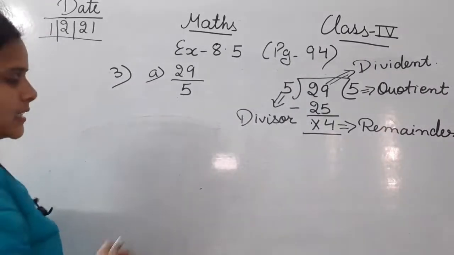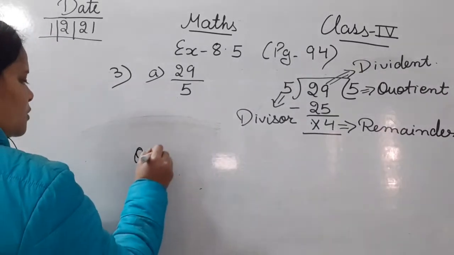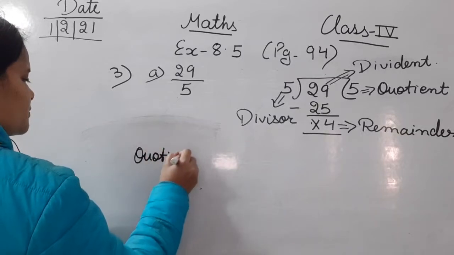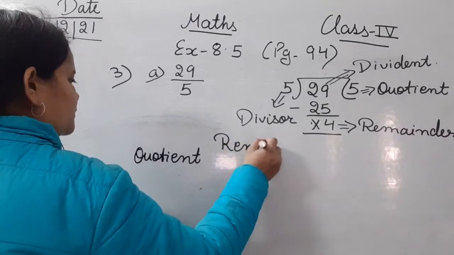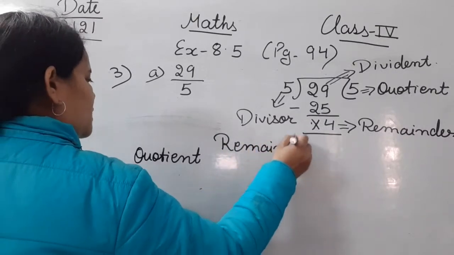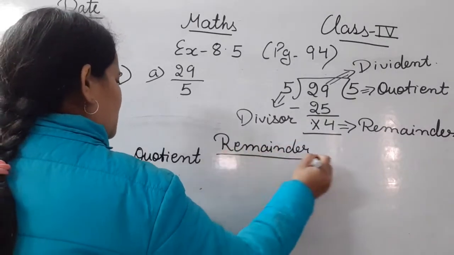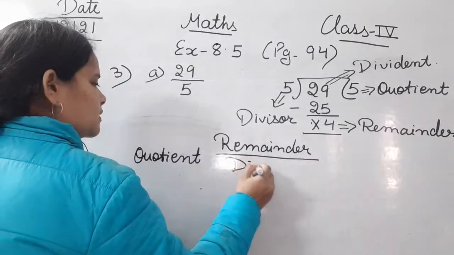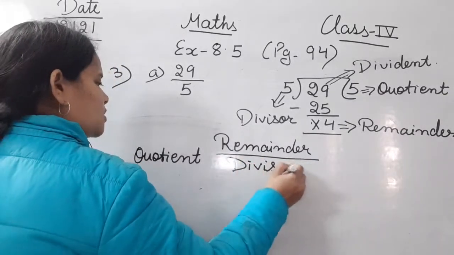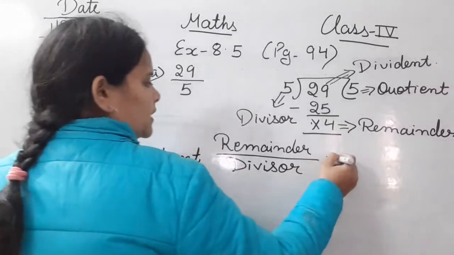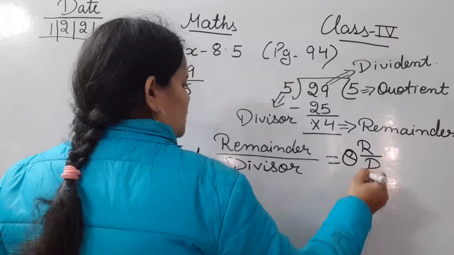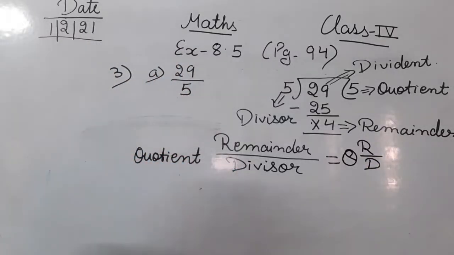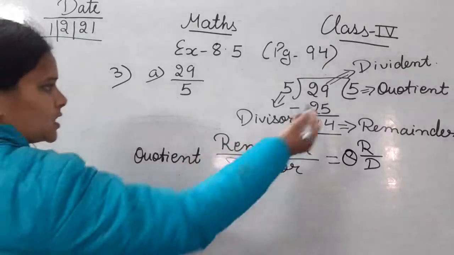We will write it like this: quotient into remainder upon divisor. या आप ये कह सकते हैं Q is to R upon D. So what is the quotient? हमारा कितना आया था इस सम में?